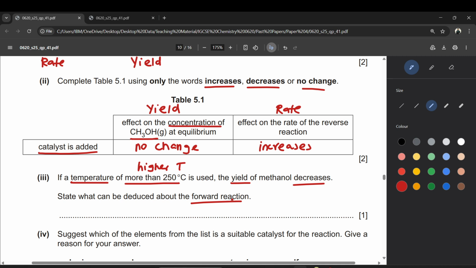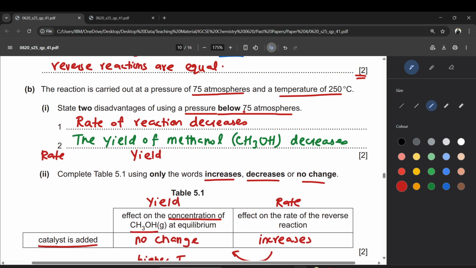Now, just like I mentioned about pressure, there is also a criteria for temperature, that high temperature favors the endothermic side. High temperature favors endothermic side. If you use a high temperature and the yield is decreasing, that means the position of equilibrium must have shifted to the left hand side, right?